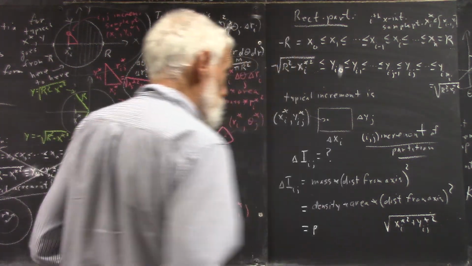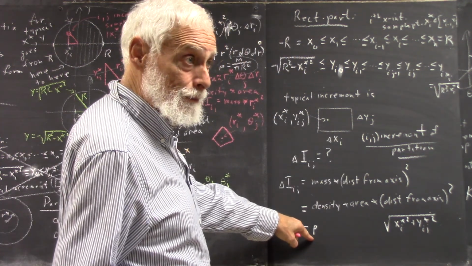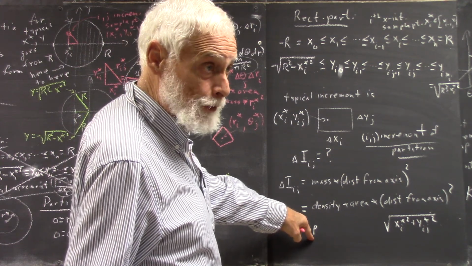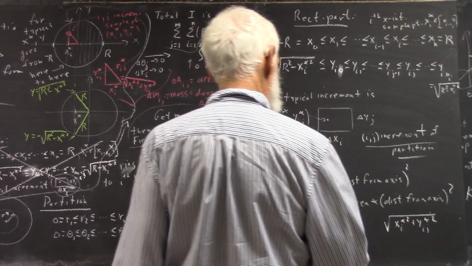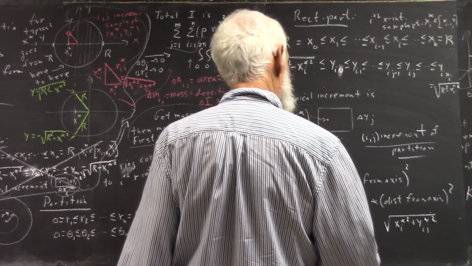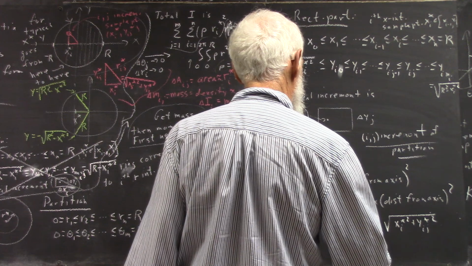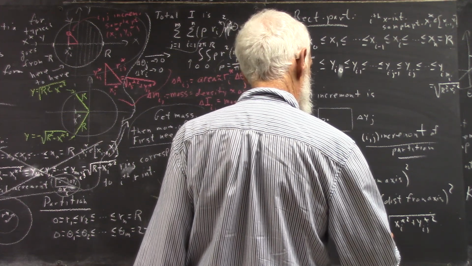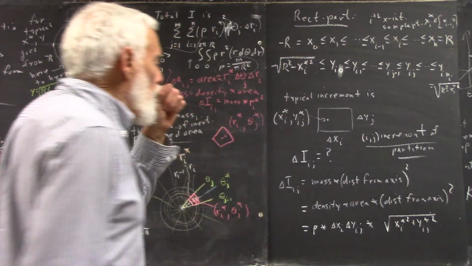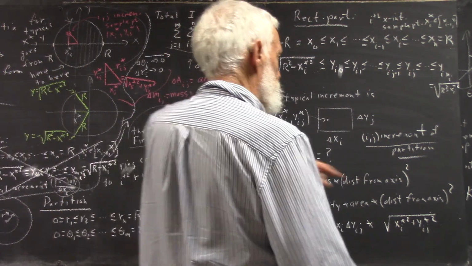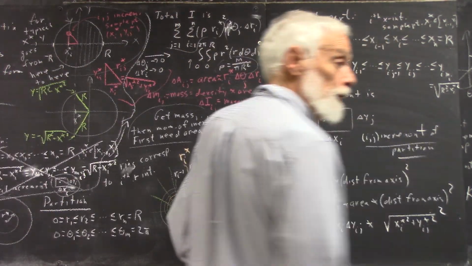But now I'm going to call it rho because I want to leave the possibility for a variable rho. And your area is just delta xi delta yij, and it's supposed to be the square of this distance, right?